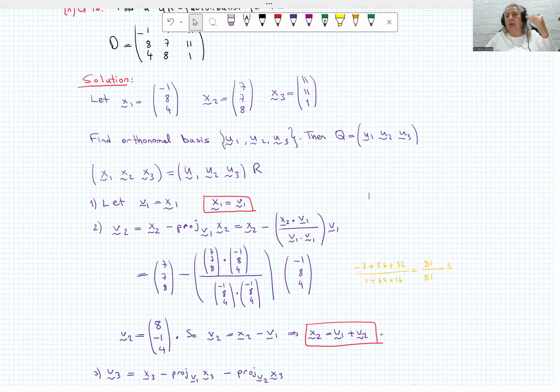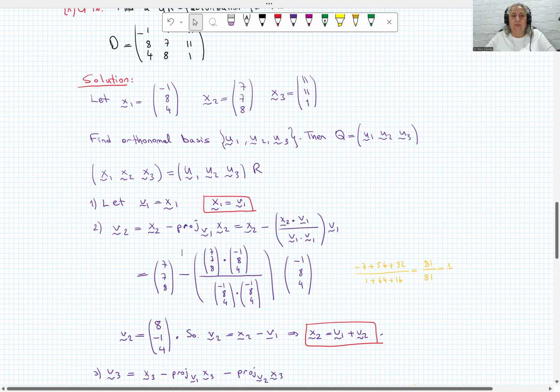Applying the Gram-Schmidt process so that we can find the QR factorization. The Gram-Schmidt method says that the first vector x1 is equal to v1. For the second one, we need to calculate x2 minus the projection of x2 on v1. The projection of x2 on the vector v1 will be a coefficient times the vector v1.